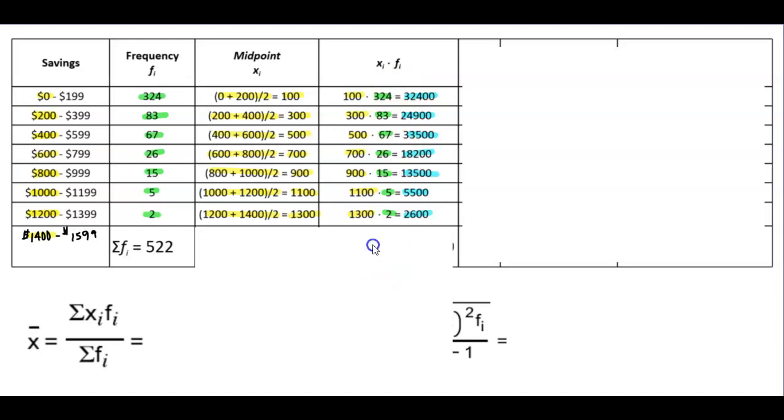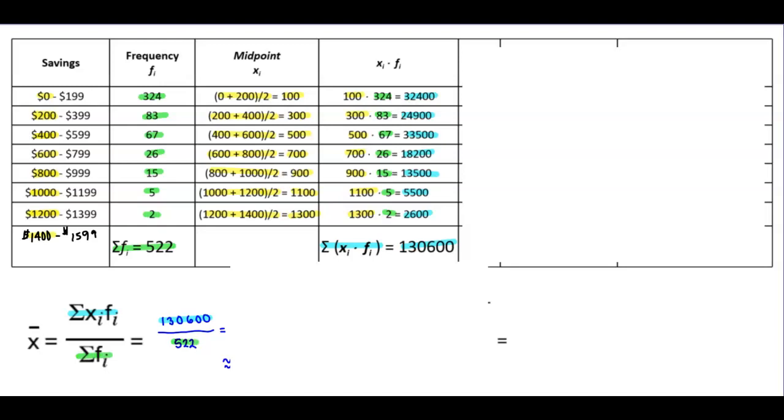Now, in order to find the mean, we need to find the sum of this column. When we add up this entire column, 32,400 all the way to 2,600, we get 130,600. So the numerator is the total of 130,600, and we divide that by the total of the frequency, which is 522.